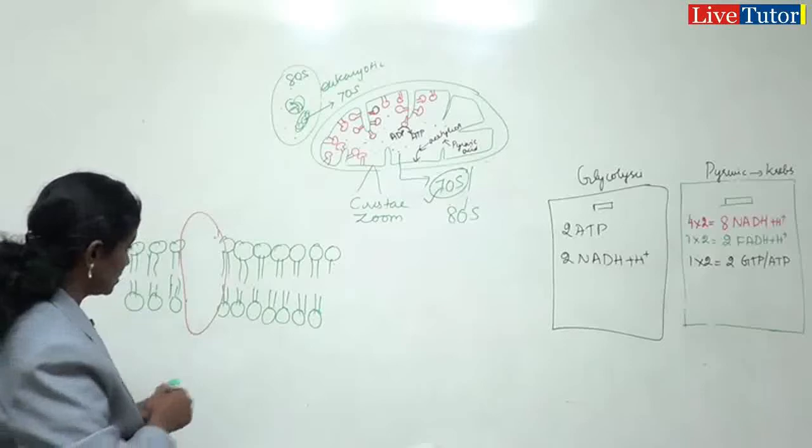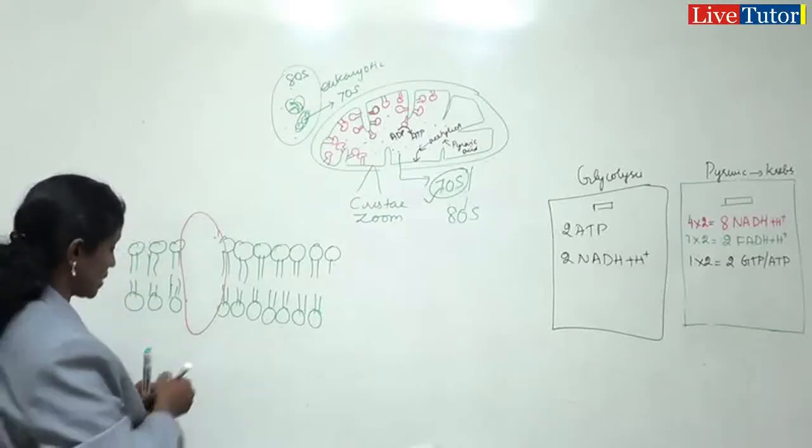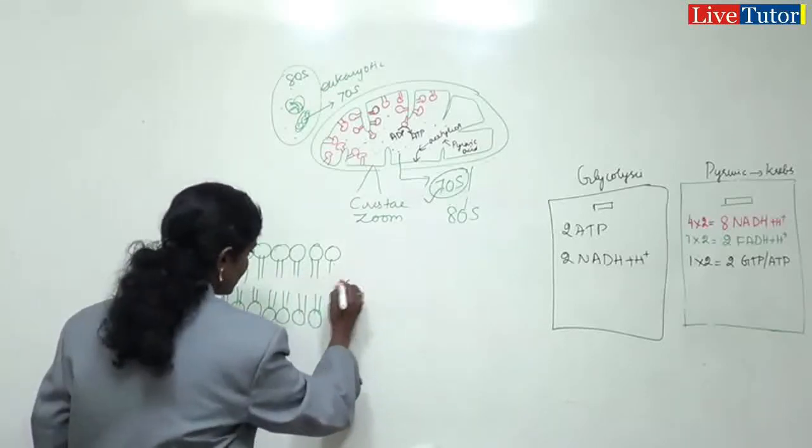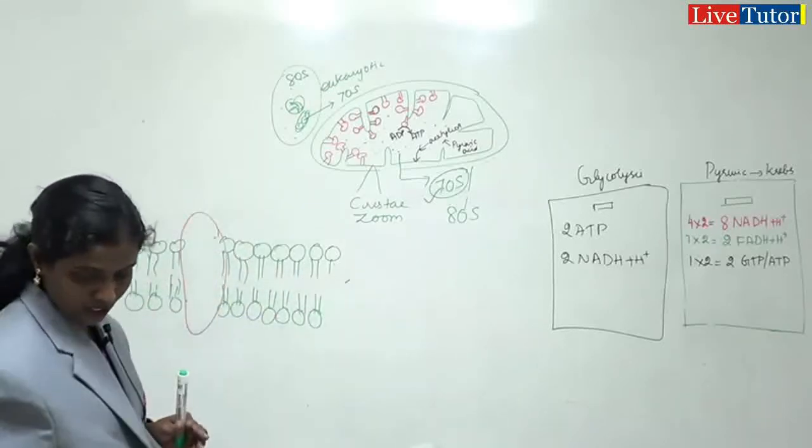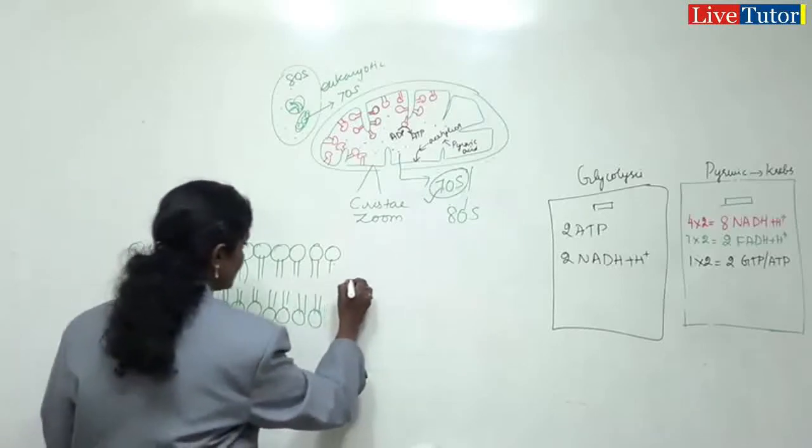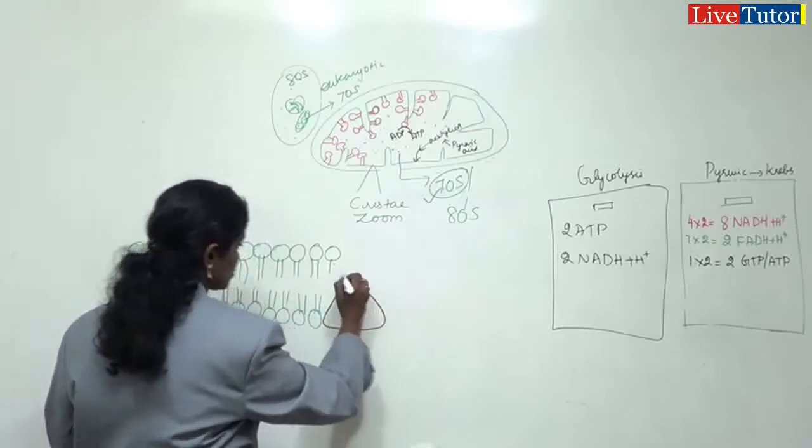By the time we draw this complex 1, say complex 2 is very, very unique. Let us have another color for it. This is complex 2.